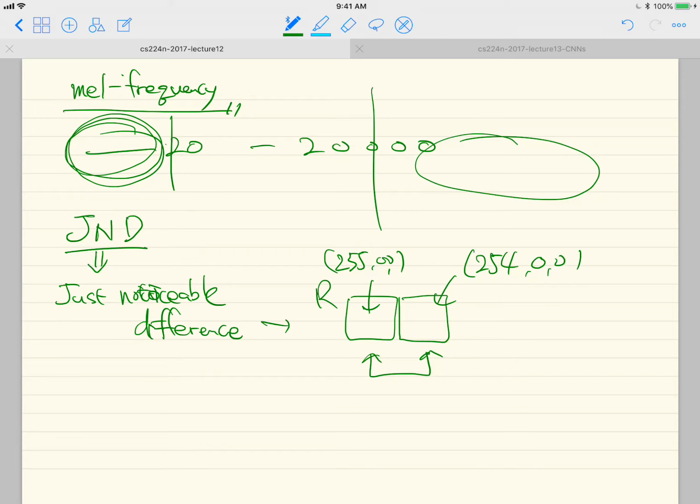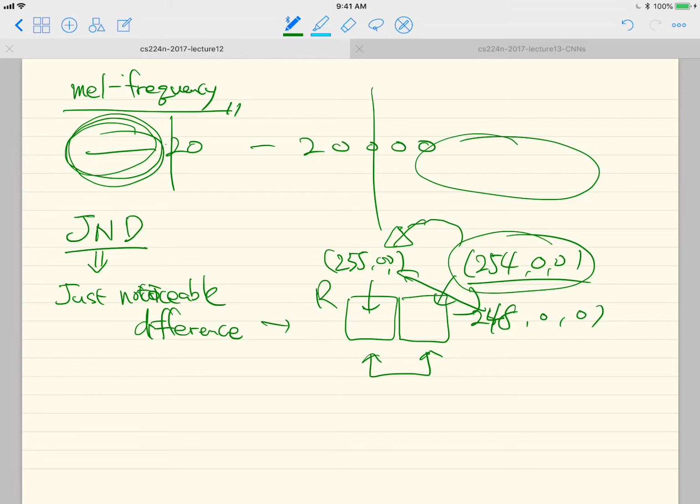In these cases, suppose this one cannot be noticeably different from this color. What would be the minimum distance for humans to recognize these two colors as really different? Suppose that was 248, 0, 0. Then the just noticeable difference is maybe 7, right?